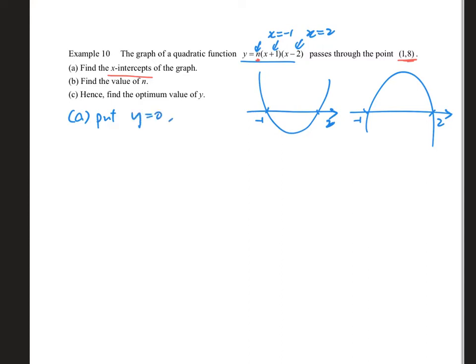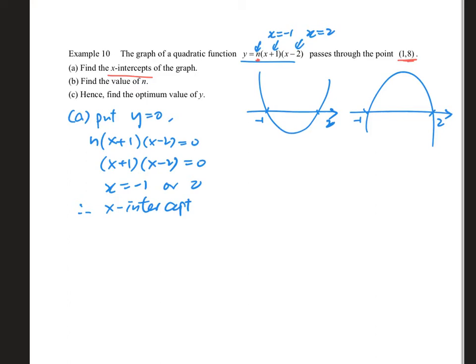You put y as 0 and solve n times (x plus 1)(x minus 2) equals 0. n can be cancelled, so we've got 2 brackets whose product is 0, which gives you x is minus 1 or 2. So the x-intercepts are minus 1 and 2 respectively. If the question is just 1 mark in an exam paper, you're most welcome to just write down the answer directly.